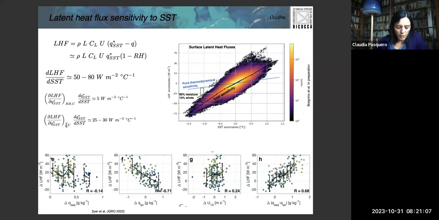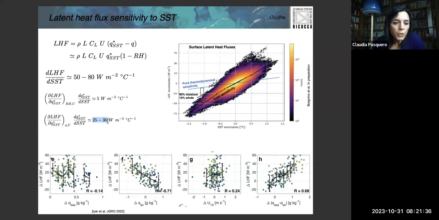That's what we would expect if the coupling coefficient between Q and SST went to 0. It turns out that this is on the order of 25, 30 watts per meter square per degree Celsius, which is still on the order of half of what we get.